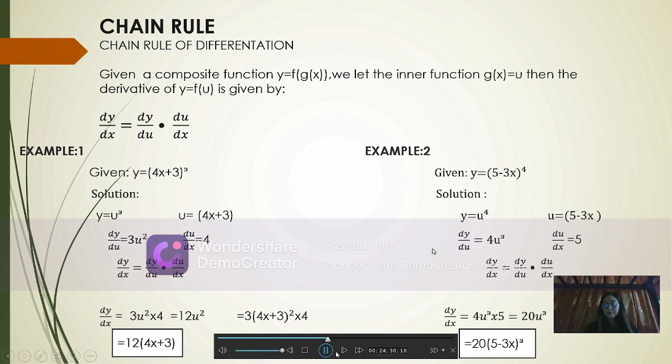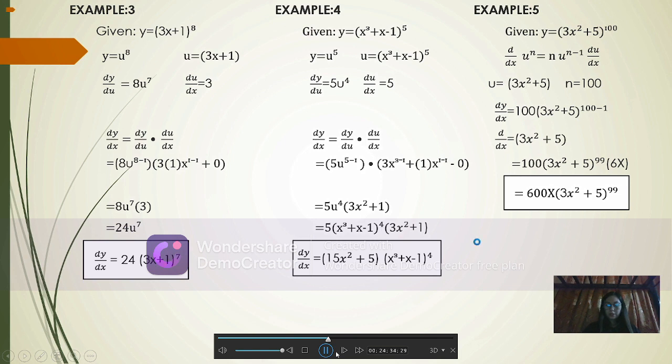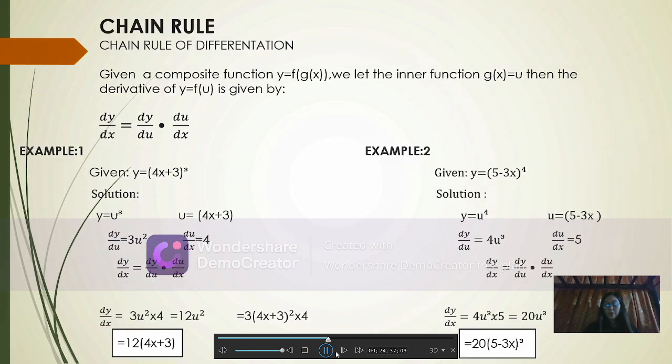So, dy over du is equal to 4u to the cube power. So, ganun lang ulit kung paano yung ginawa natin sa kabila, ganun lang ulit yung gagawin natin sa example number 2. So, du over dx is equal to 5. Ganun lang din ulit. So, dy over dx is equal to dy over du times ulit natin siya sa du over dx.